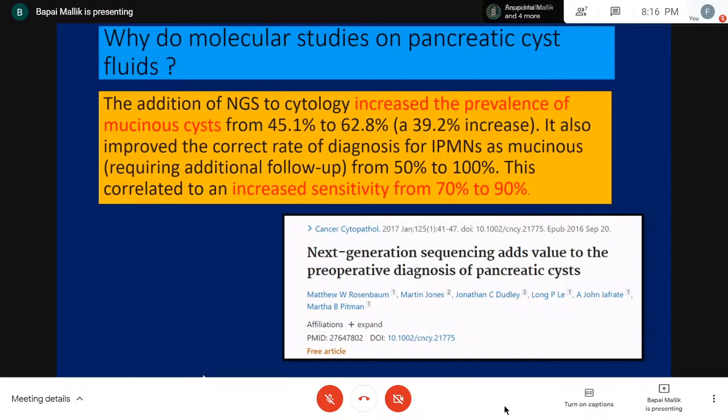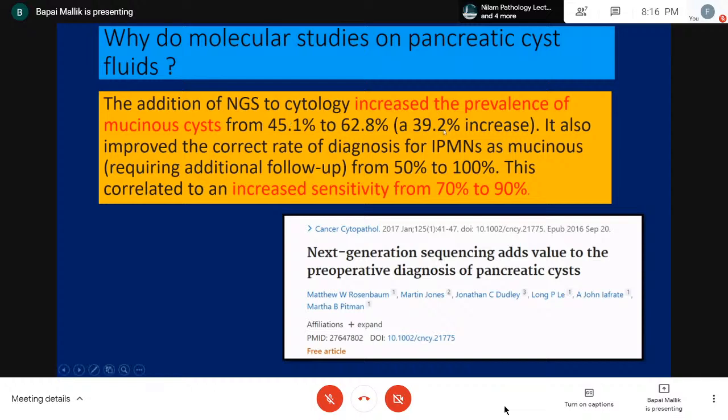The reason is, if you add next generation sequencing to cytology, in a particular paper which was published in Cancer Cytopathology by Rosenbaum et al., it increased the prevalence of mucinous cysts from 45.1 to 62.8%. So you can see the number of mucinous cysts which were not detected by just doing cytopathology and biochemical cyst fluid analysis.